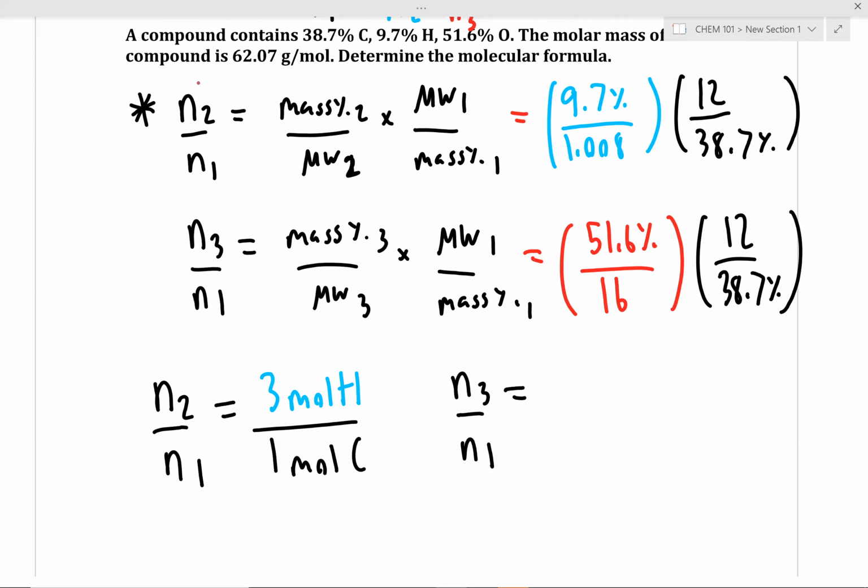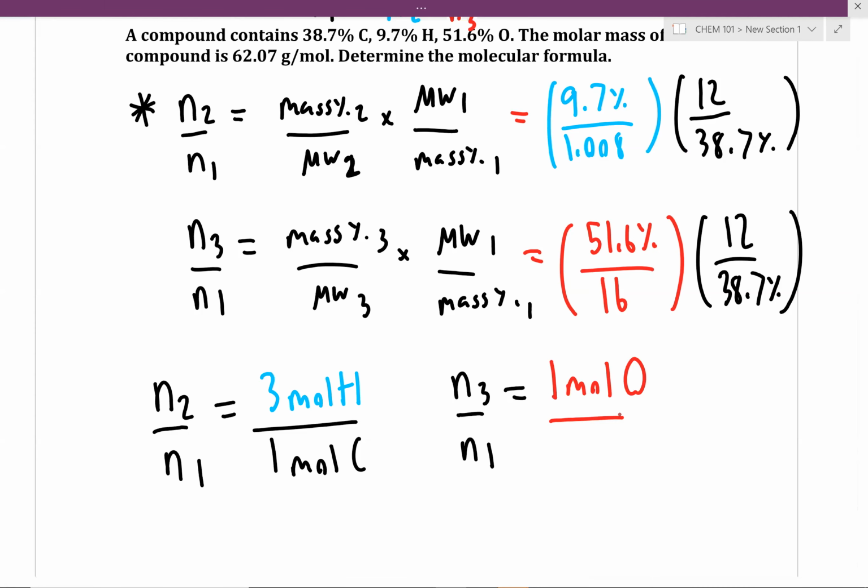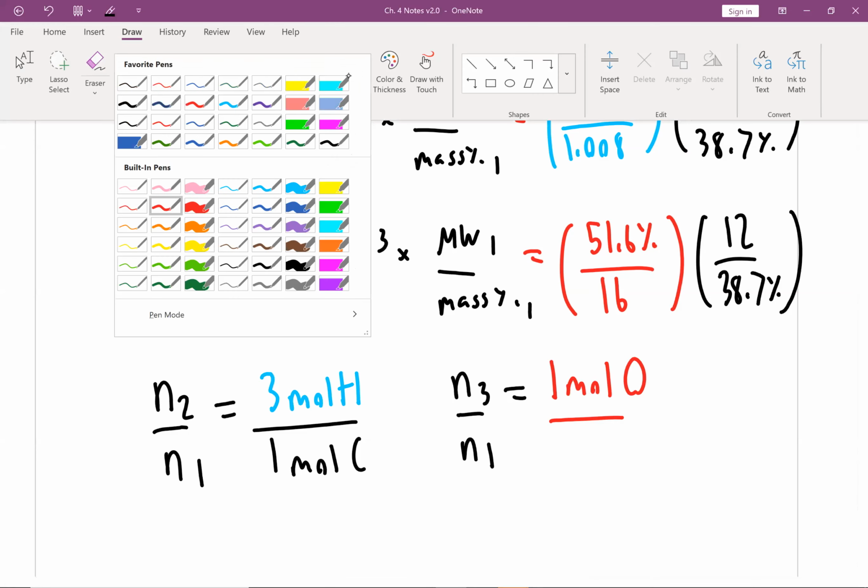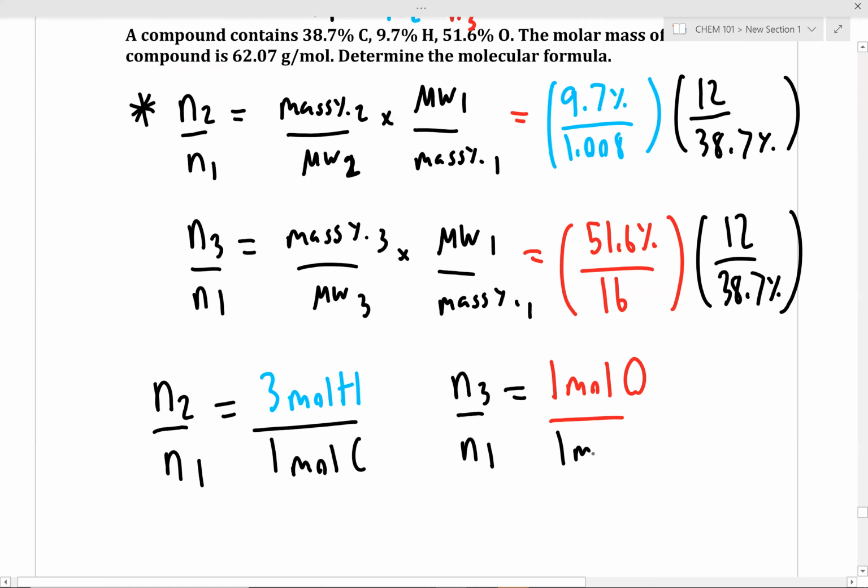There we go. So this tells us we have 1 mole of oxygen per every 1 mole of what? What is our mole ratio with respect to? 1 mole of carbon. Okay. Don't forget these labels. These labels will save you if you're ever stuck.